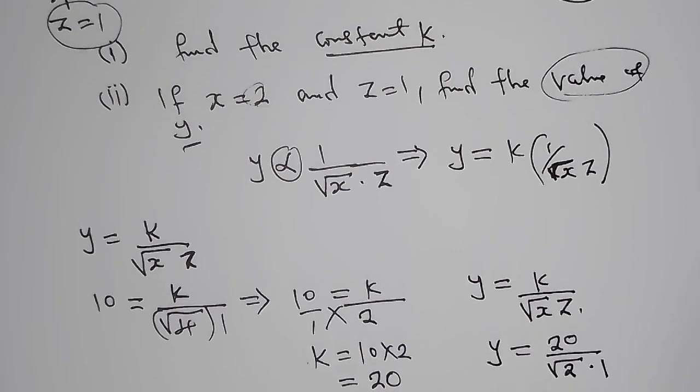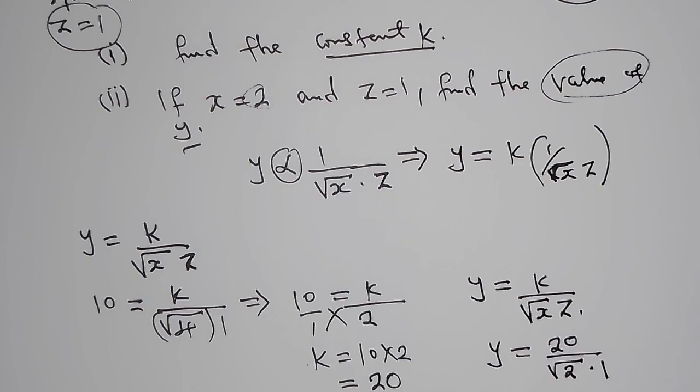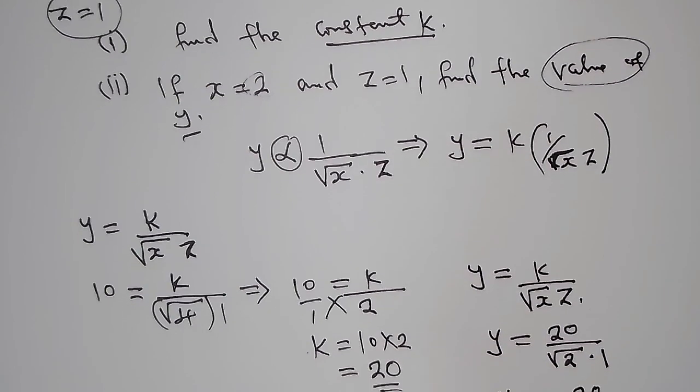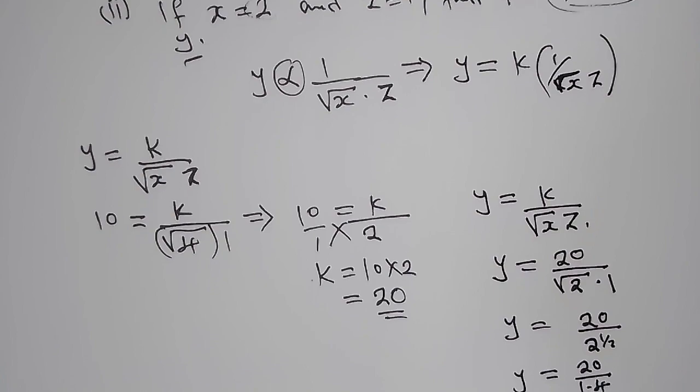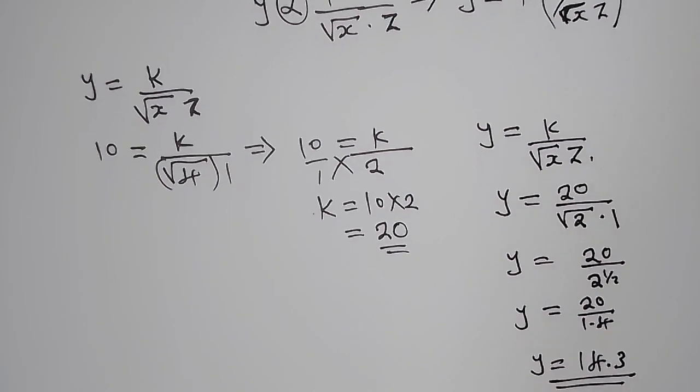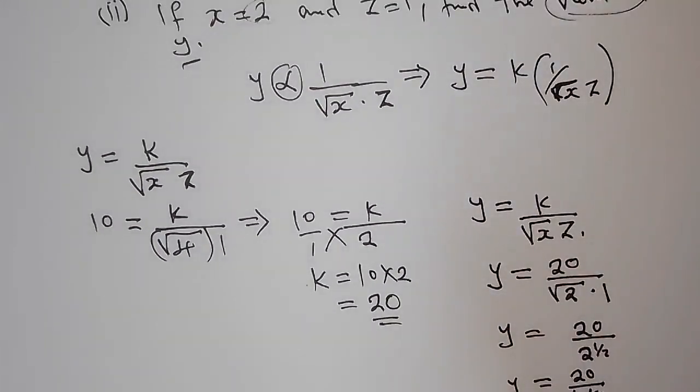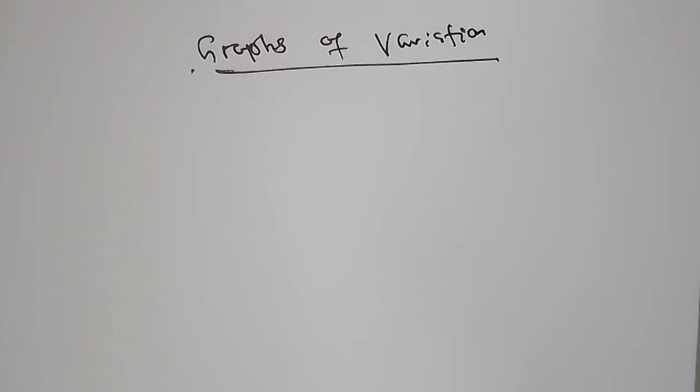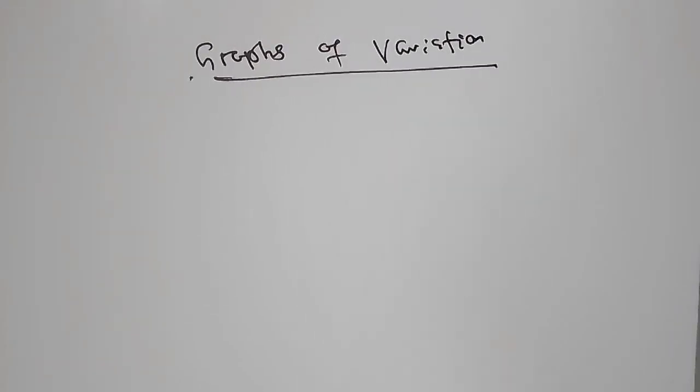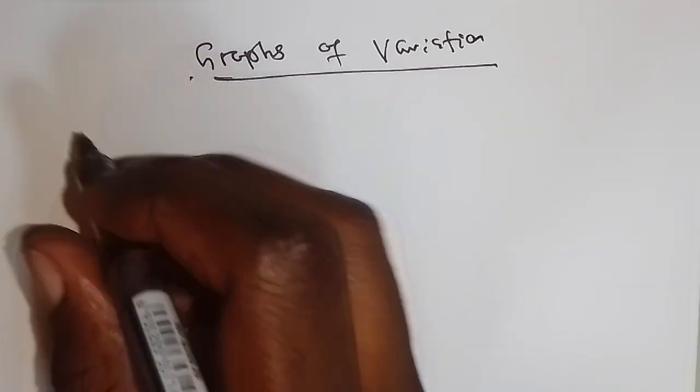Okay. So now finally, let us look at the graph of inverse and also direct variation. So now we look at the graphs of variation. We'll look at two graphs.